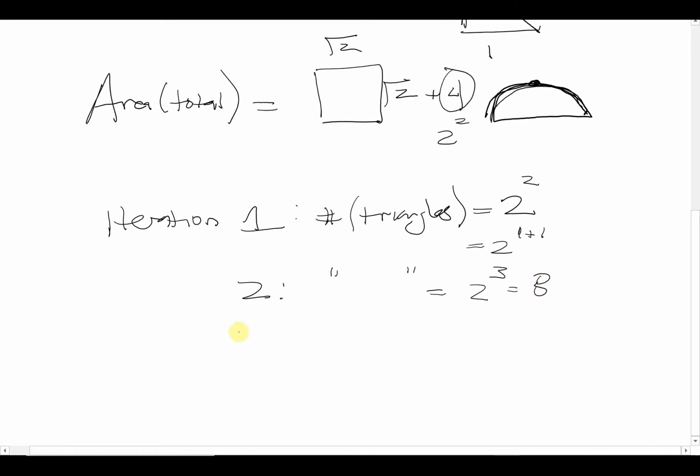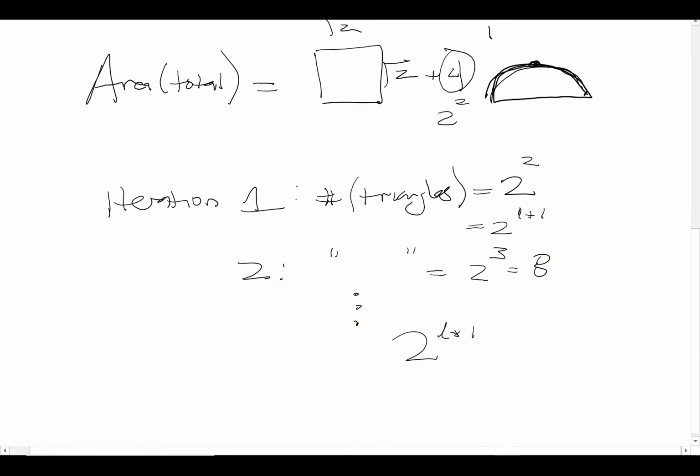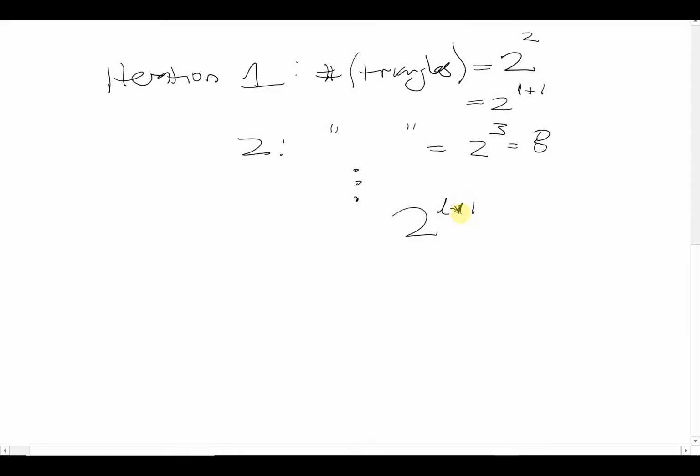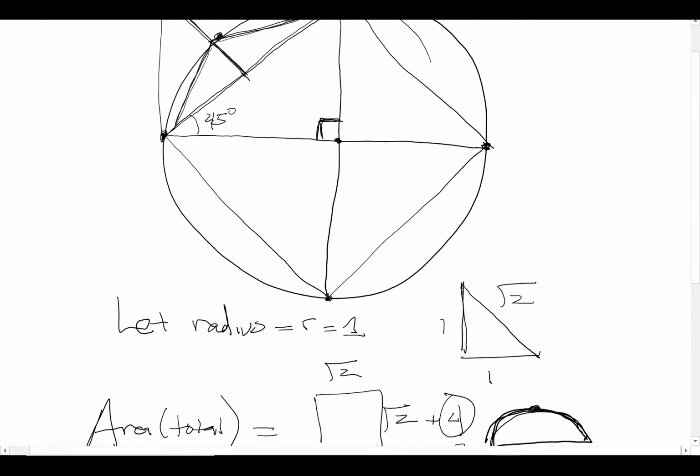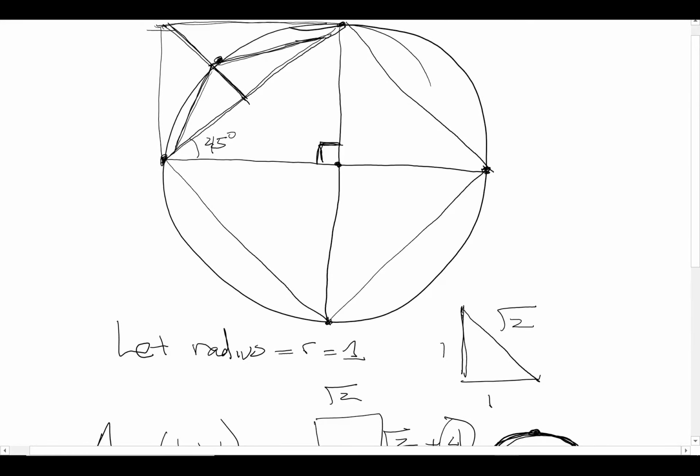So if you keep going in this succession pattern, you have 2 to the I plus 1, where I equals iteration number. So that's the key here, but we need to know how to find the triangle.